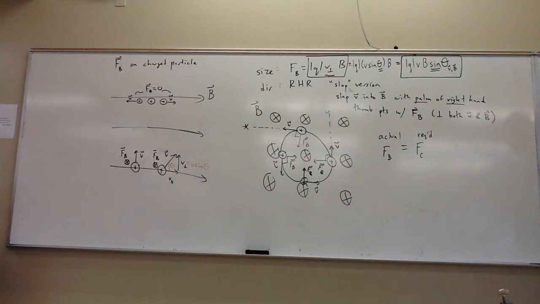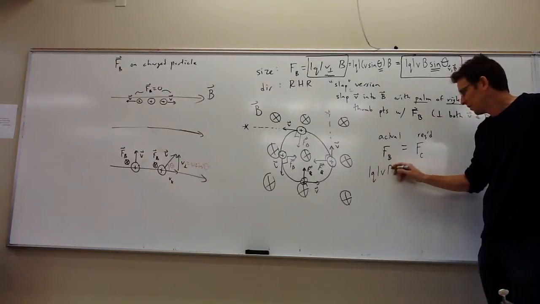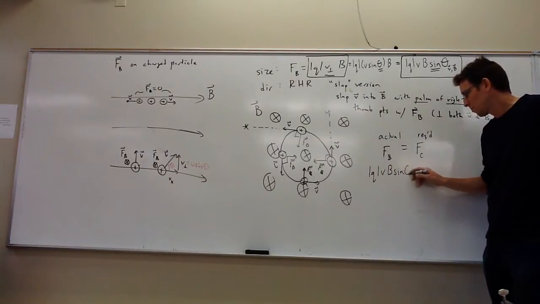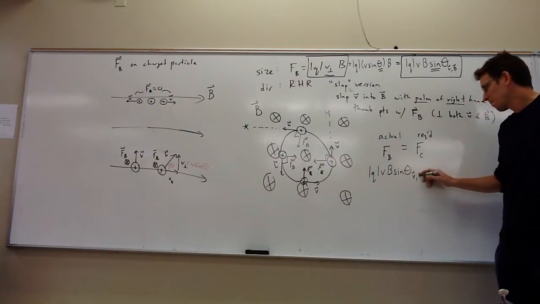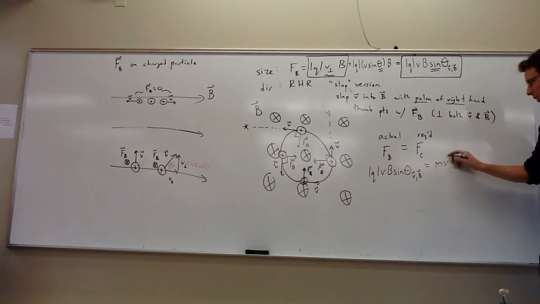So let's use this as a jumping off point to calculate the properties of the circle. Here's our formula, QVB sine theta on this side. And then what's the formula for centripetal force? Does anyone remember? mv squared over r, that's right.